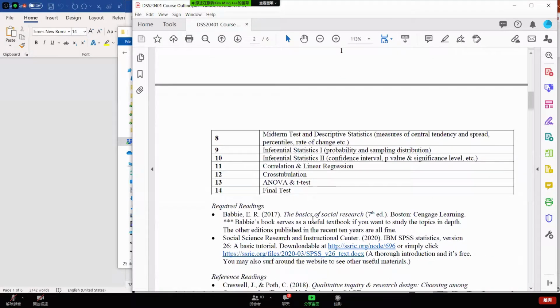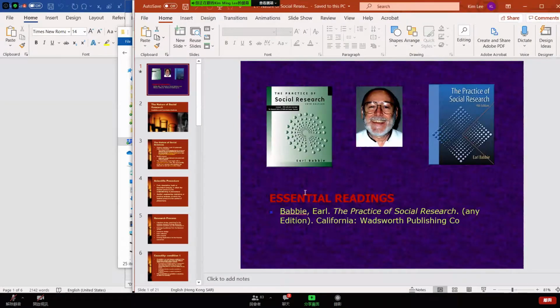So the required reading is just one, this one. There are different versions of the textbook, The Practice of Social Research. I think this is the 9th edition, something like that. I remember I studied research methods in my undergraduate and used the first edition. Now this is the 9th or 10th edition. In my view, any edition is fine.